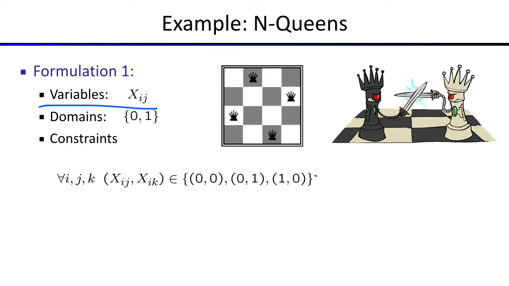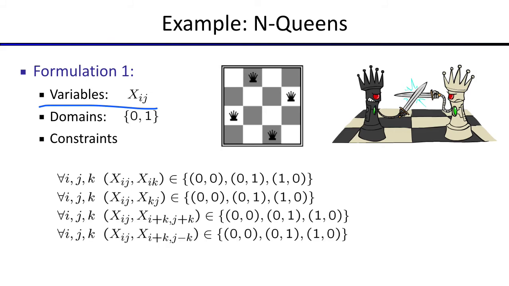What's missing from this set? (1,1). And (1,1) would mean in this row, both of these squares are occupied. So as long as the pair is in this set, there are no queens sharing the same row. Then we need to do the same thing for the columns and for the diagonals.